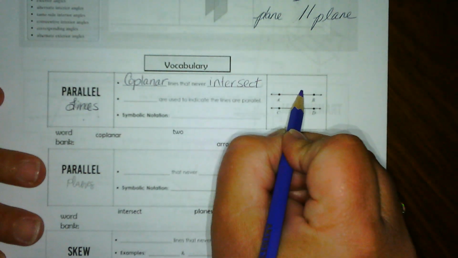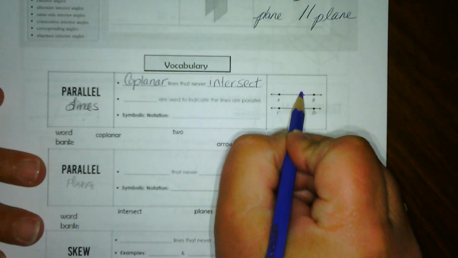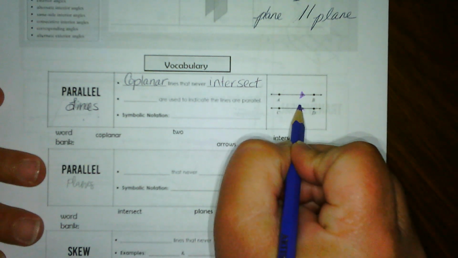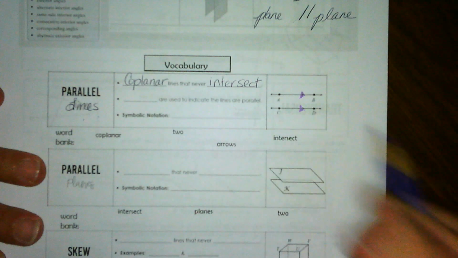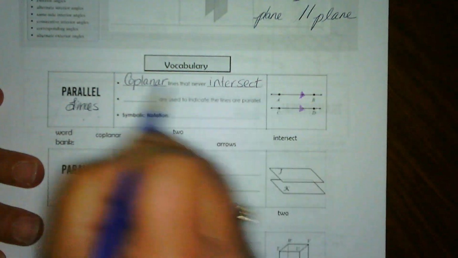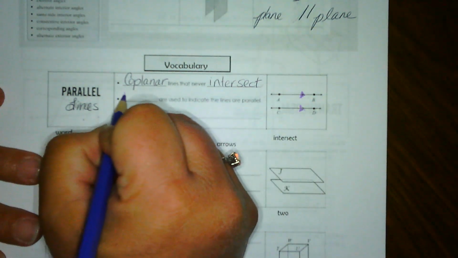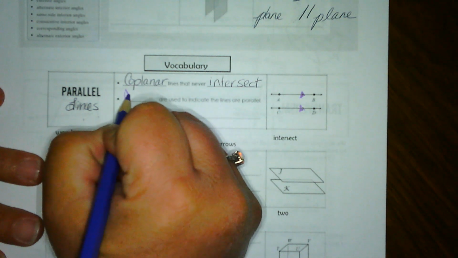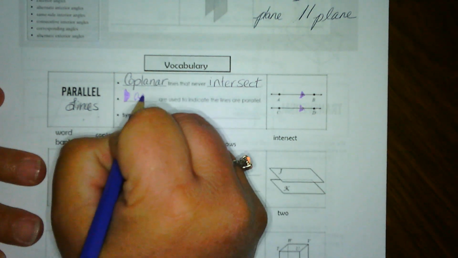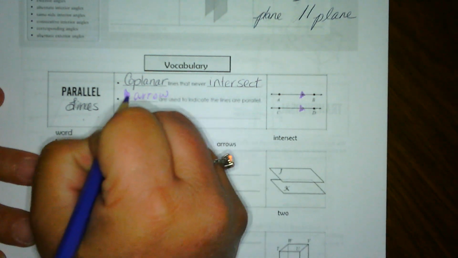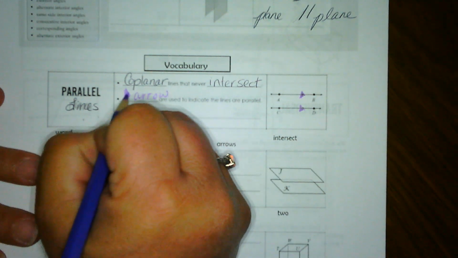I'm going to highlight this arrowhead. It looks like a little arrowhead, whatever. On there, that arrow is used to indicate that 2 lines are parallel.